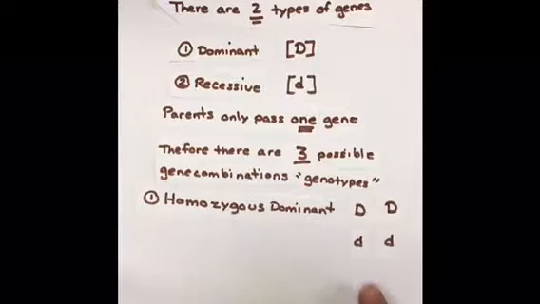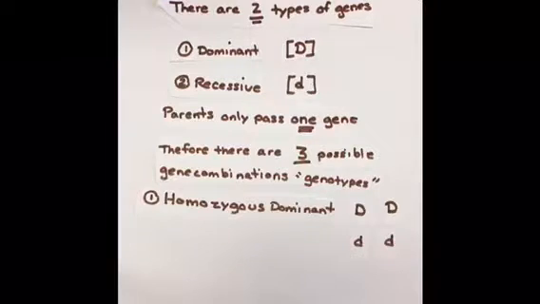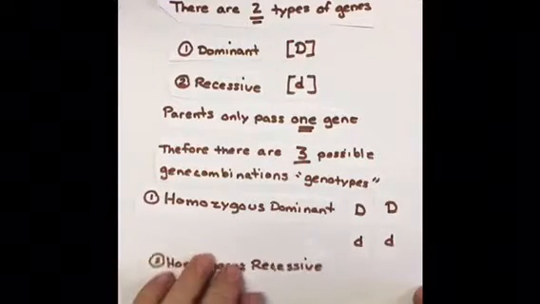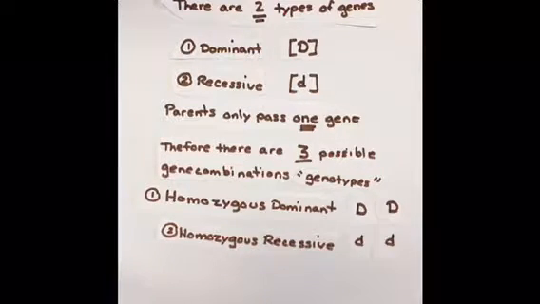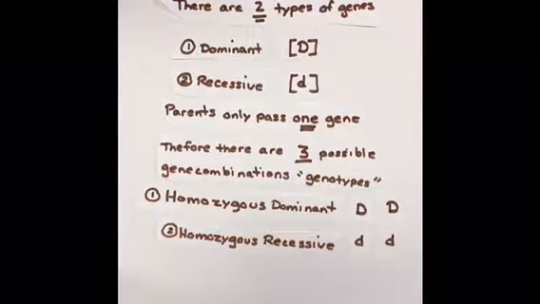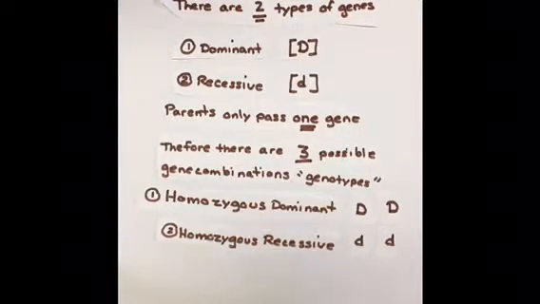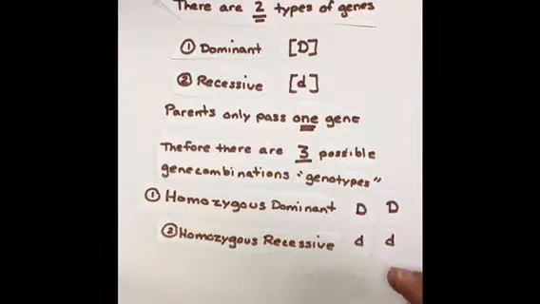So if you have two of the same genes, but they're both recessive genes, then we say that your genotype, your gene combination, is homozygous recessive for a trait. Keep in mind that you can be homozygous recessive, for example, for hair color, but you could be homozygous dominant for eye color.